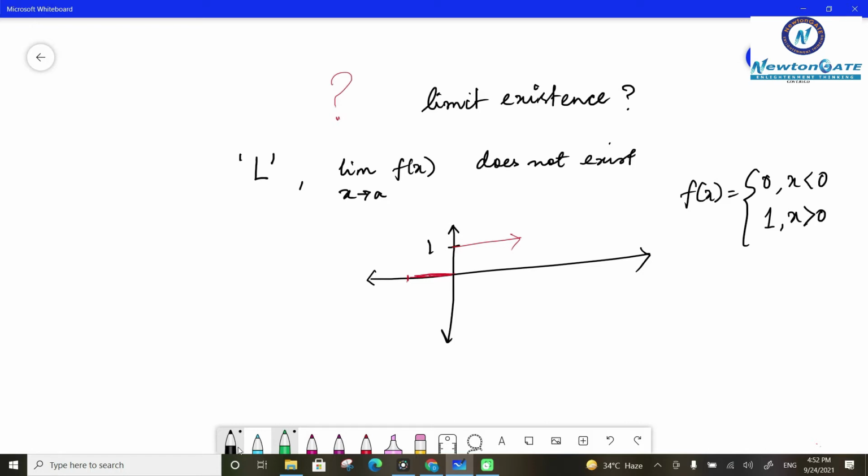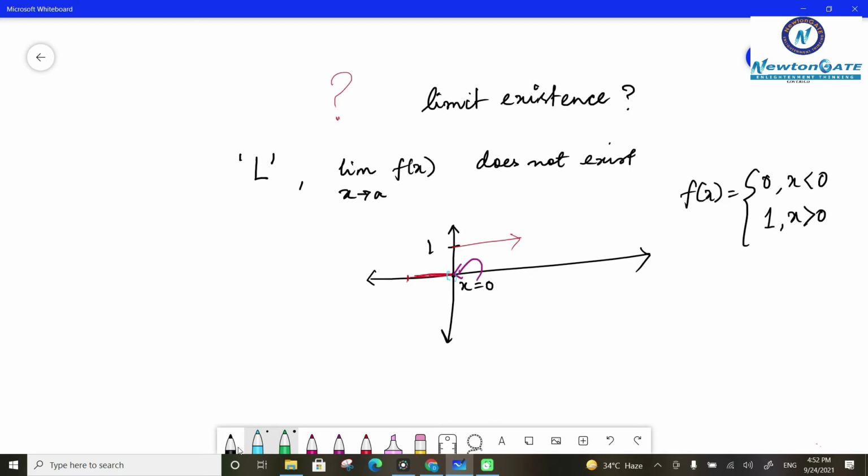Now what happened? Let me take a very small interval near 0. This is my point 0, the exact point x equal to 0. Now I am taking a very small interval near the point 0. Let me highlight that part.